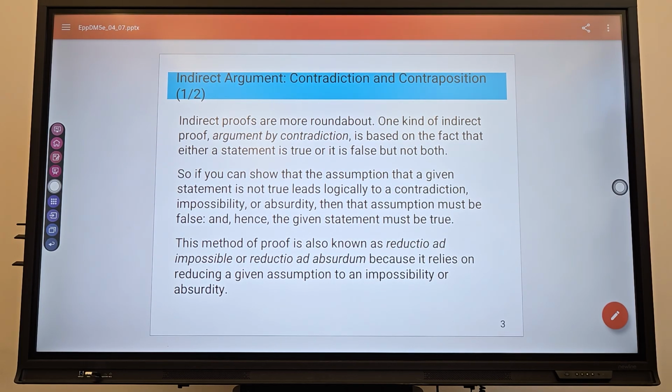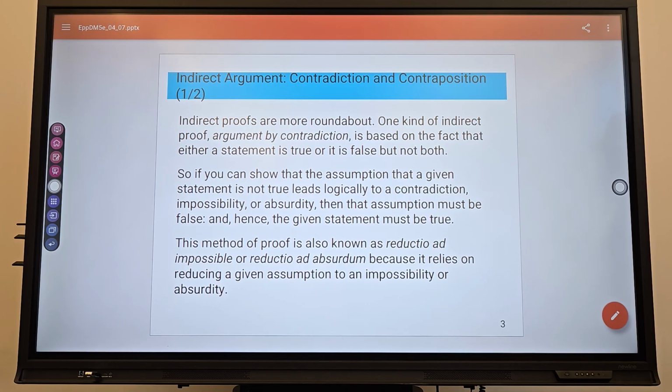One kind of indirect proof is argument by contradiction, and it's based on the fact that a statement is either true or false, but not both. So if you can show that the assumption that a given statement is not true leads logically to a contradiction or impossibility, then the assumption must be false, and hence the given statement must be true.